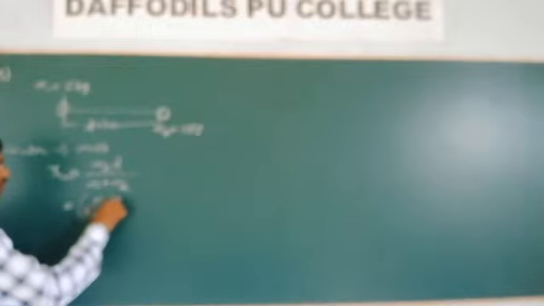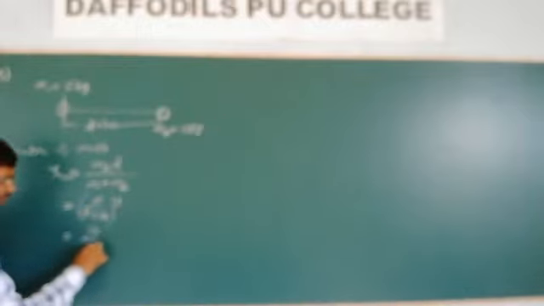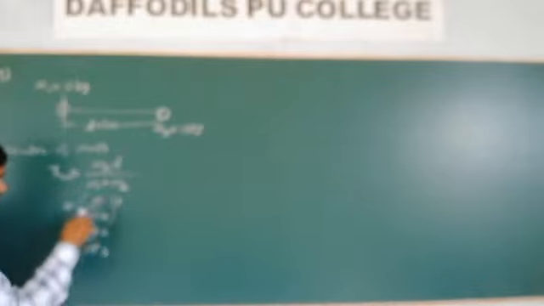Now the center of mass of the system from the 5 kg mass. Let us take M1 and M2, and D is equal to 1 meter. Now the center of mass of the system from the first mass is xcm equals M2 D by M1 plus M2, which is 10 by 5 plus 10, into D. So 10 by 15, which is 2 by 3, 0.667 meter.